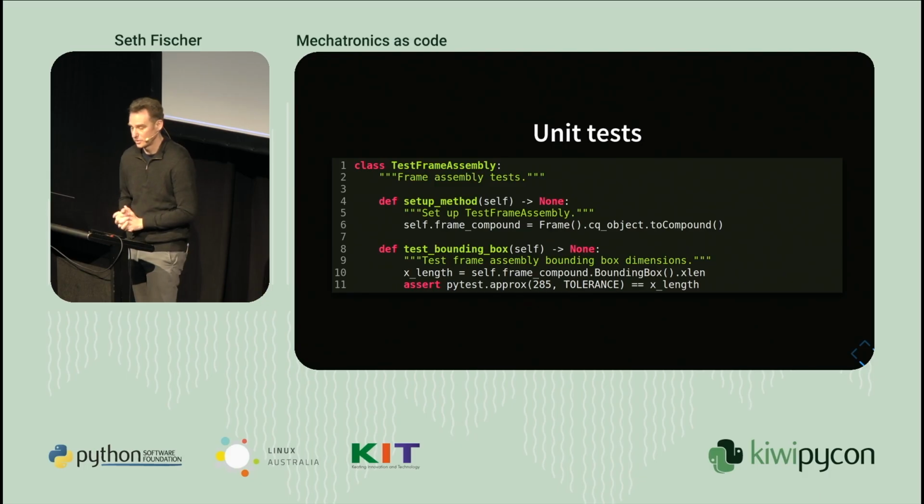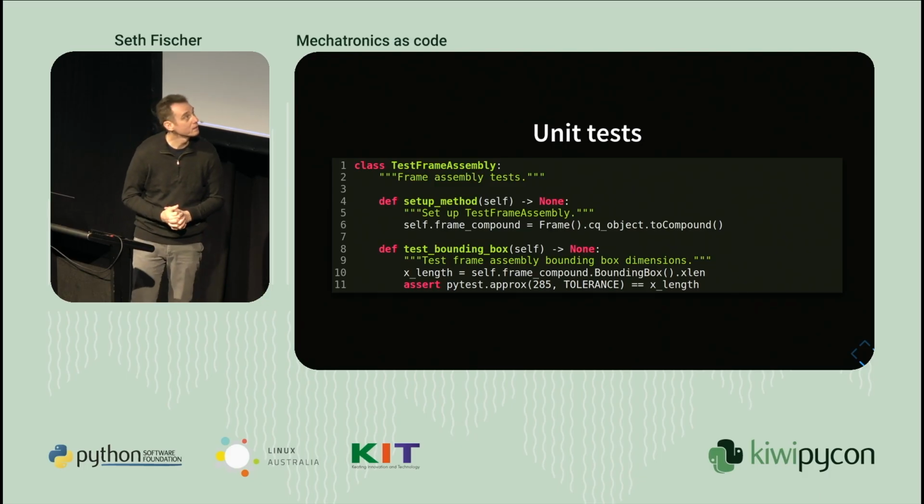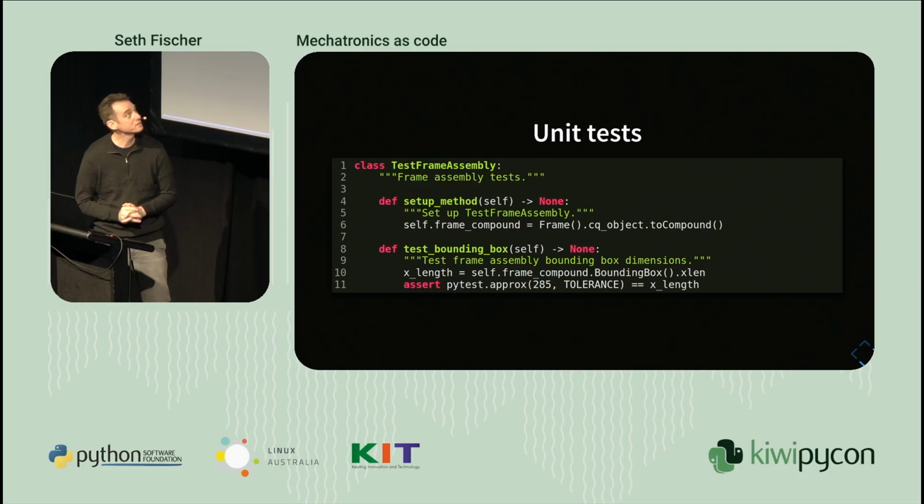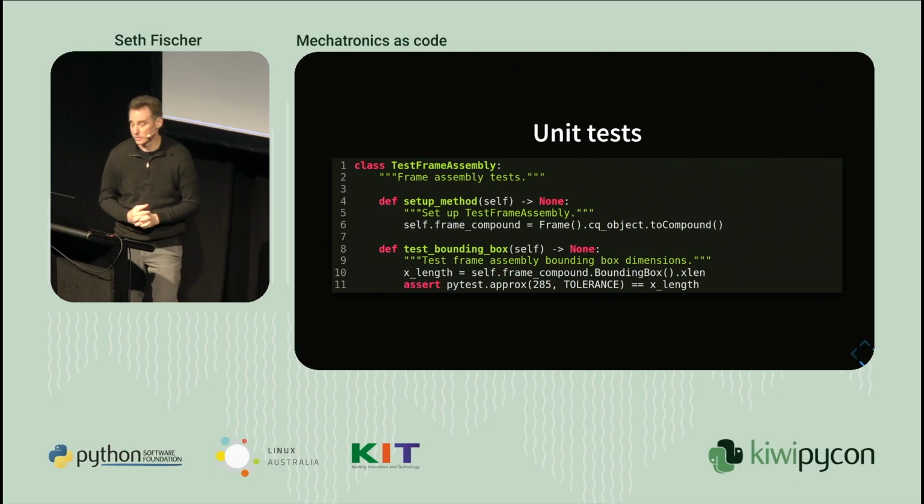Okay, unit tests. We've got some basic designs, but how do we do unit tests? Well, a solid has a surface area which we can measure. A solid is made up of faces, which we can count. A face is constructed from wires, which we can measure and count.